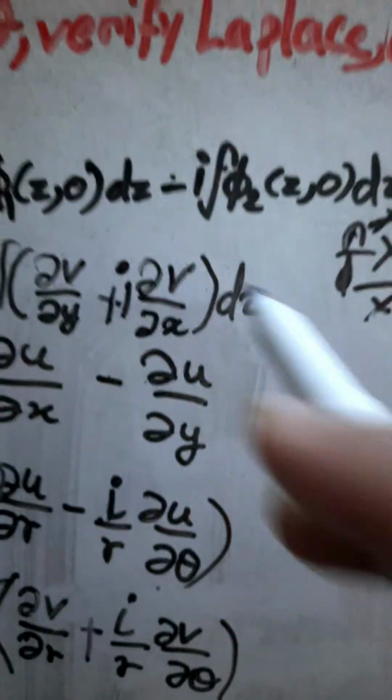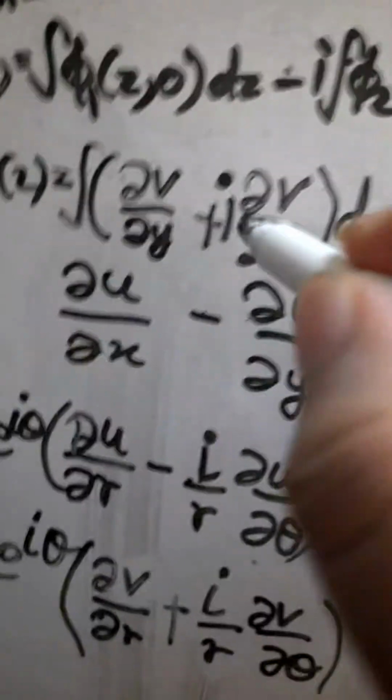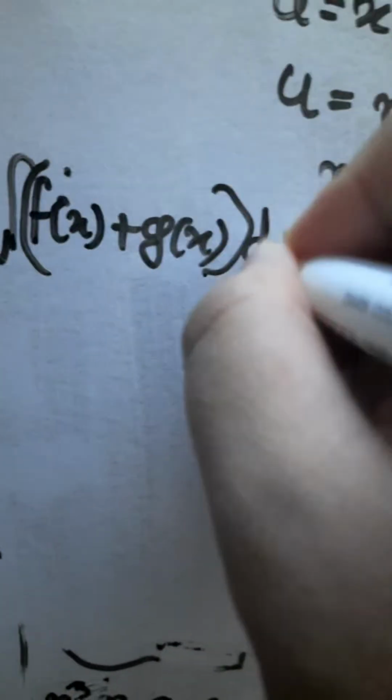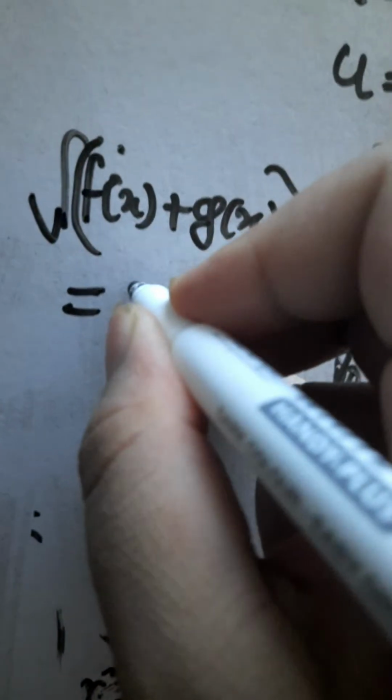What do we do here is, because this is integration and a so simple function, you can just break the integration into two parts. Let me show you. Let's say when you have integration of whole bracket f of x plus g of x dx, then what you can do is just separate them.